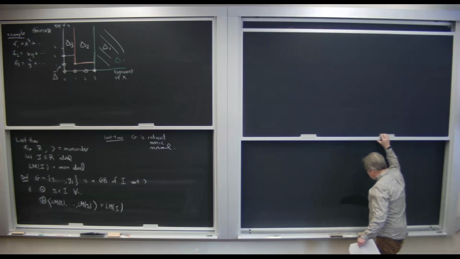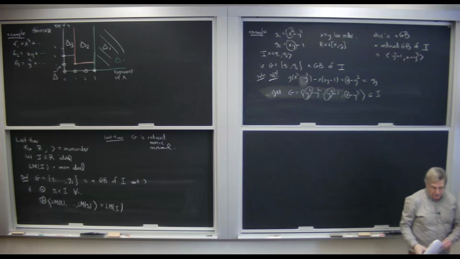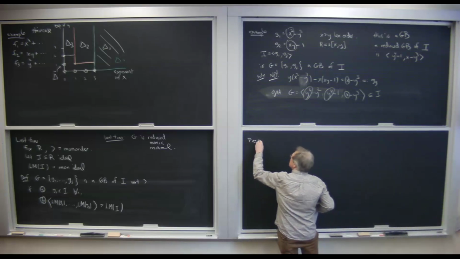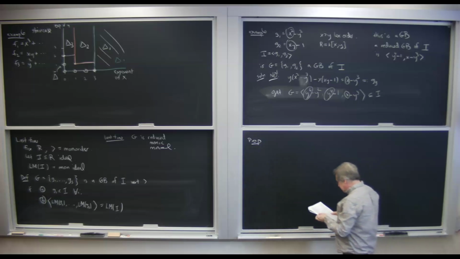Okay, so in a bit we will say something about giving an algorithm for computing this. But first, I want to do the following proposition, which was all done in Buchberger's thesis in the 1960s.